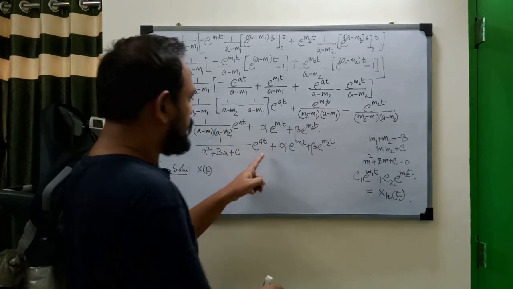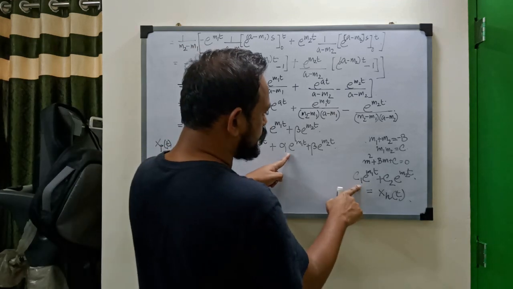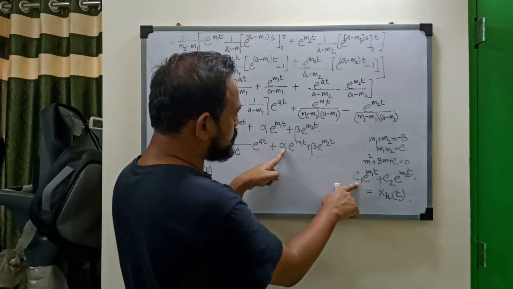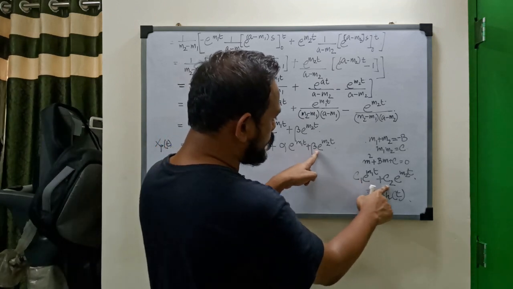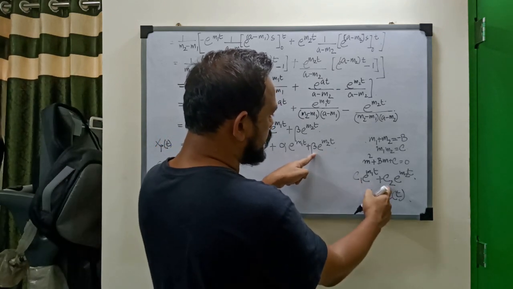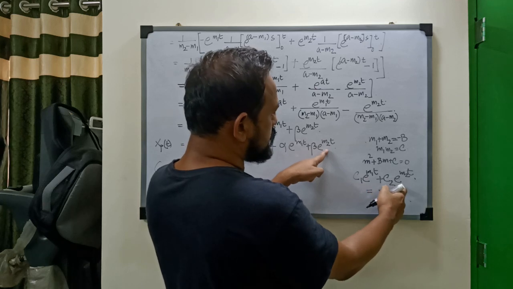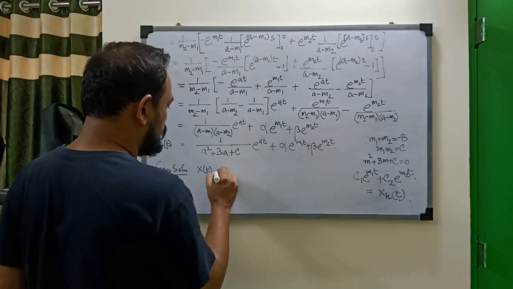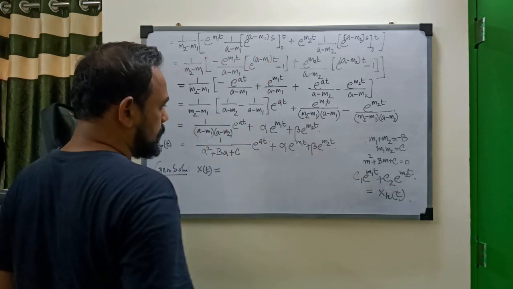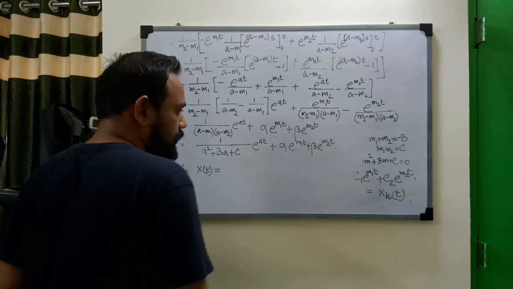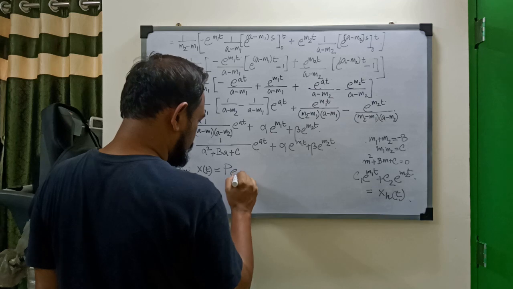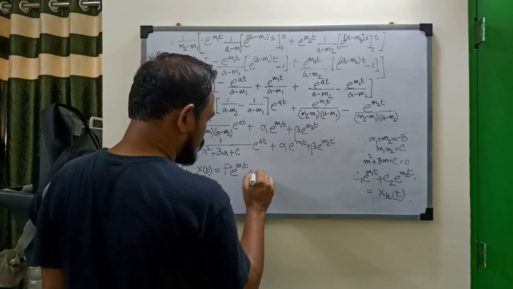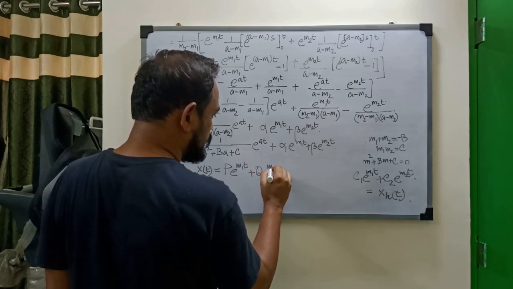Of course, you can see that these two will combine to give you one coefficient for e to the m1t, and beta and c2 will combine, beta plus c2 will give you the coefficient for e to the m2t. So really, the way you can write this is some constant p e to the m1t plus q e to the m2t.